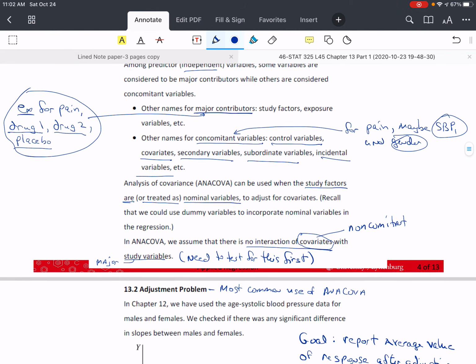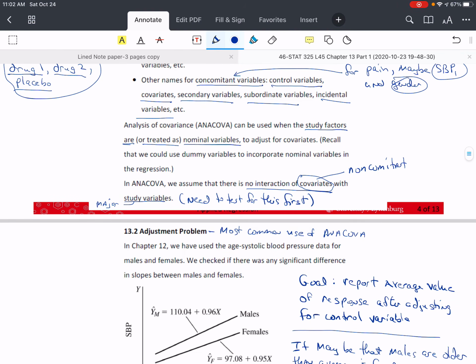Okay. So analysis of covariance is used to study the factors when the study factors are treated as, or actually are, nominal variables, to adjust for the covariates. And so we're going to use dummy variables or indicator variables when we have nominal variables.